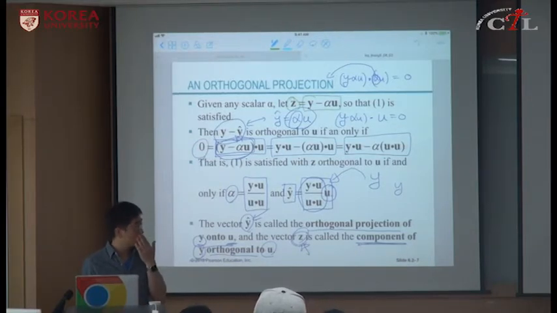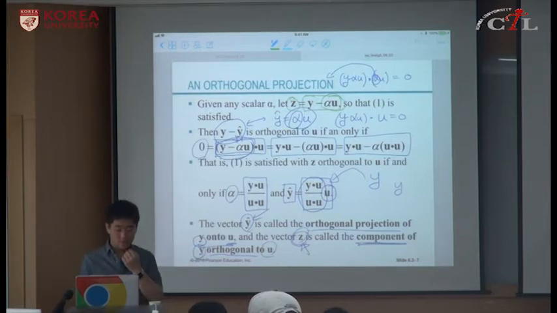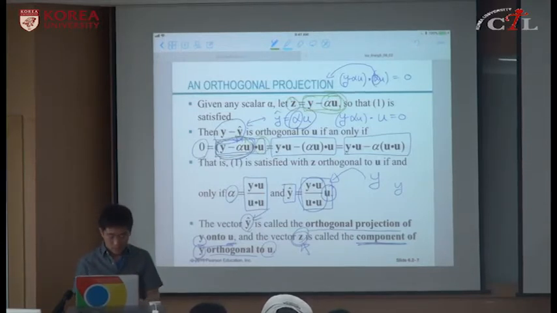Our subspace is spanned by a single vector, and the scalar multiple is our representation for y hat, and c should be perpendicular to the original vector u, and thus we obtain this alpha in this manner.